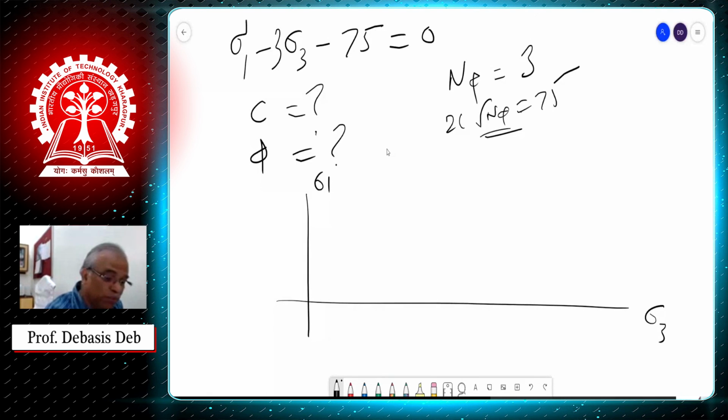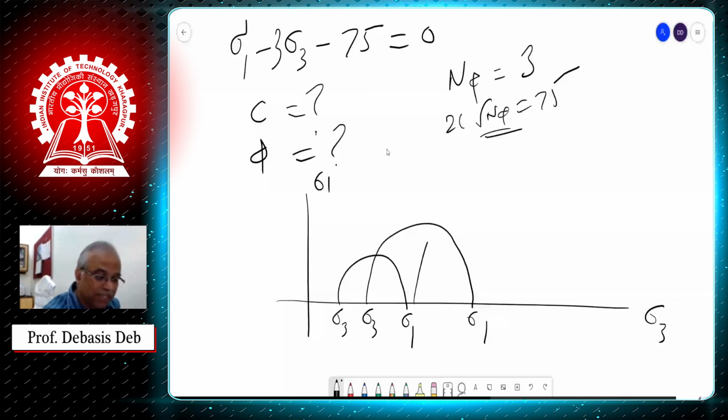You have to repeat the test. So this is, let's say, sigma 3, sigma 1. Then we vary the sigma 3 and we find another sigma 3, sigma 1. Then we again vary, let's say, another sigma 3 and we find sigma 3, sigma 1.